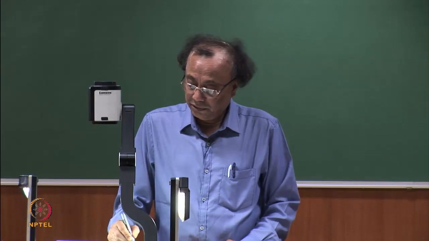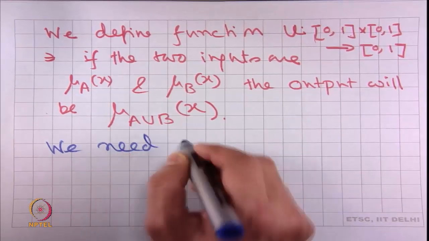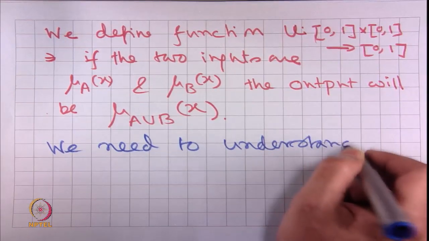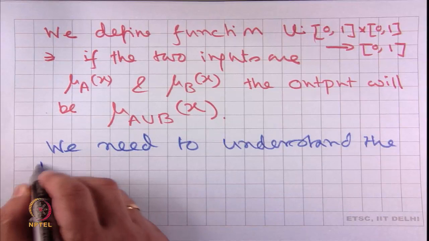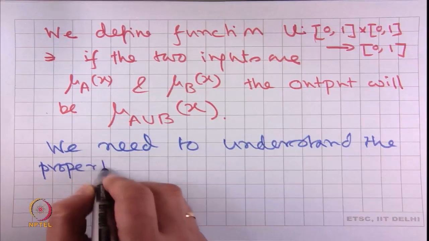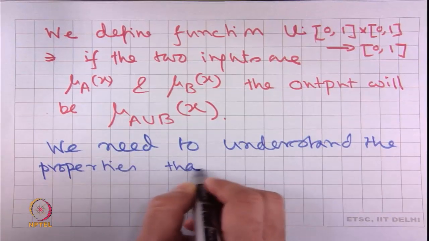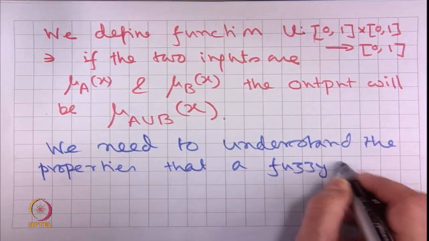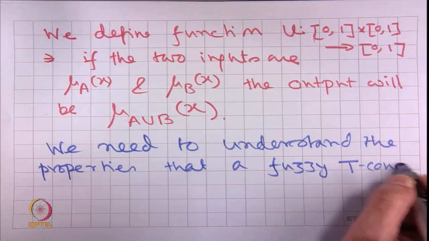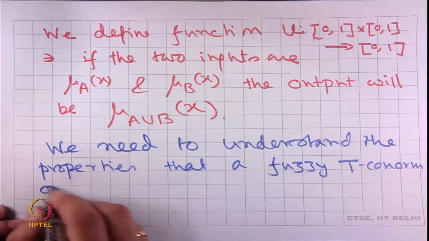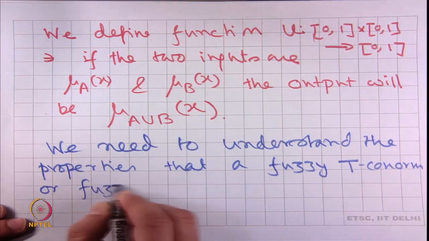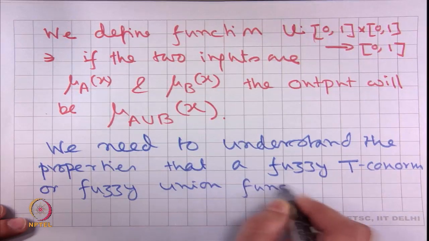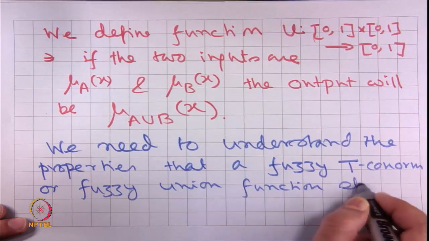We need to understand the properties that a fuzzy T-conorm or fuzzy union function should have.